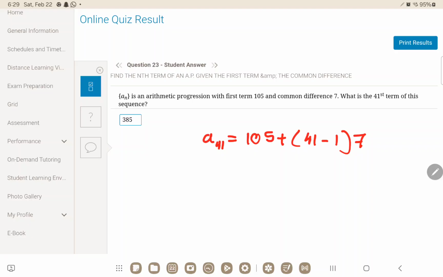Put that in your calculators if you want. 105 plus 280 is 385, which is your answer.